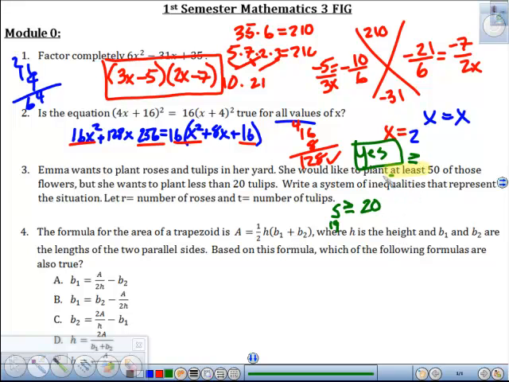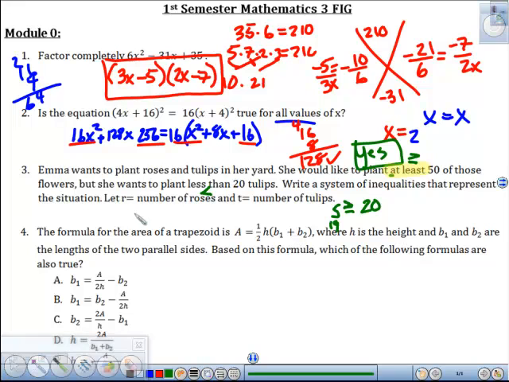So she would like to plant at least 50 of those flowers. And she wants to plant less than 20. So what is less than? I think we know that one. Less than is that guy. Okay? 20 tulips. So now we have to write a system of inequalities based upon this information. So she would like to plant at least 50 of those flowers.